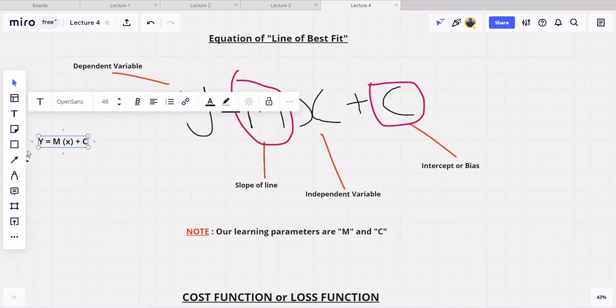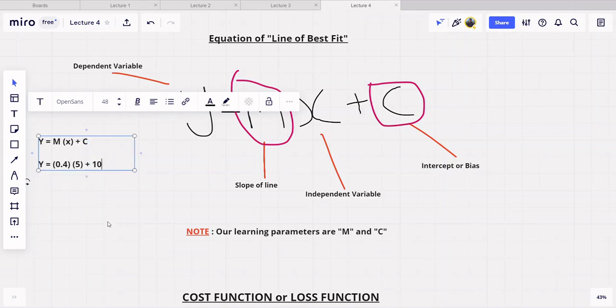Okay, so for example, let's say our m is 0.4, right? And our x is, let's say, 5 years. We want to find the salary of a person with 5 years, and our intercept is, let's say, 10, right?